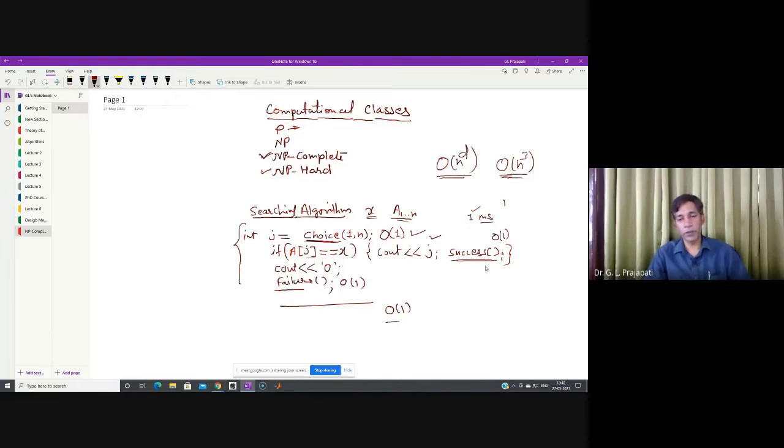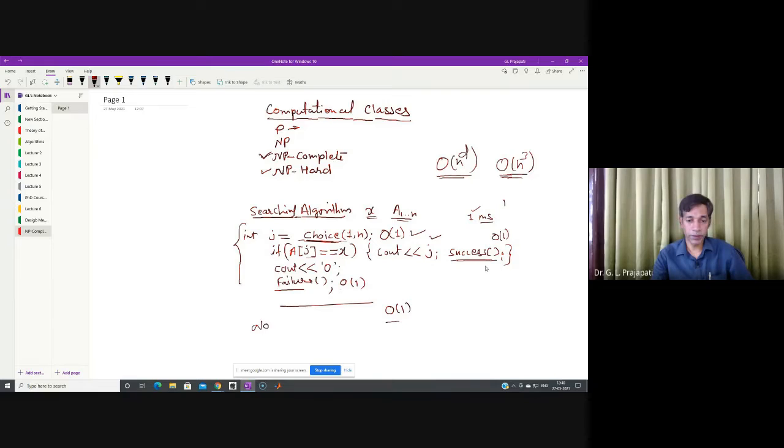So you are able to determine whether the element is present in the list or not in constant time. But this is the algorithm where you have made the statement choice, and you have not defined any explicit function for how you are going to make the choice, and hence this is not a deterministic algorithm. So this is the non-deterministic complexity.